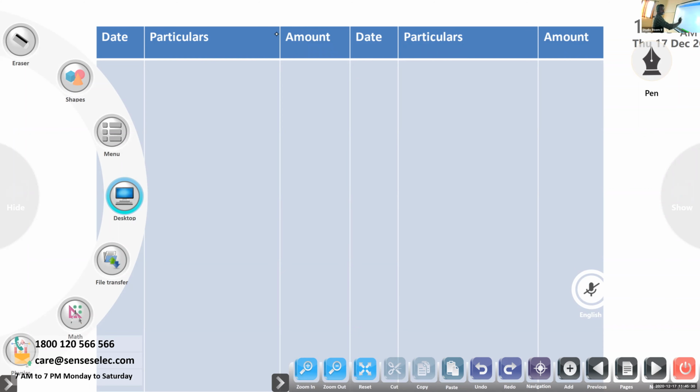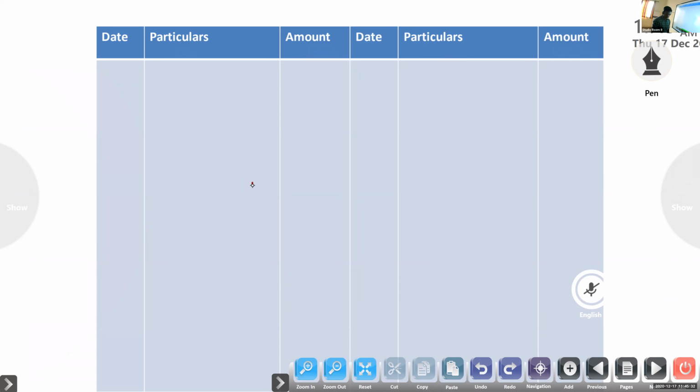Same pattern. On 1st April 2011, the plant was purchased for rupees 1,20,000. On 1st October 2011, in the same year, another was purchased for rupees 50,000.